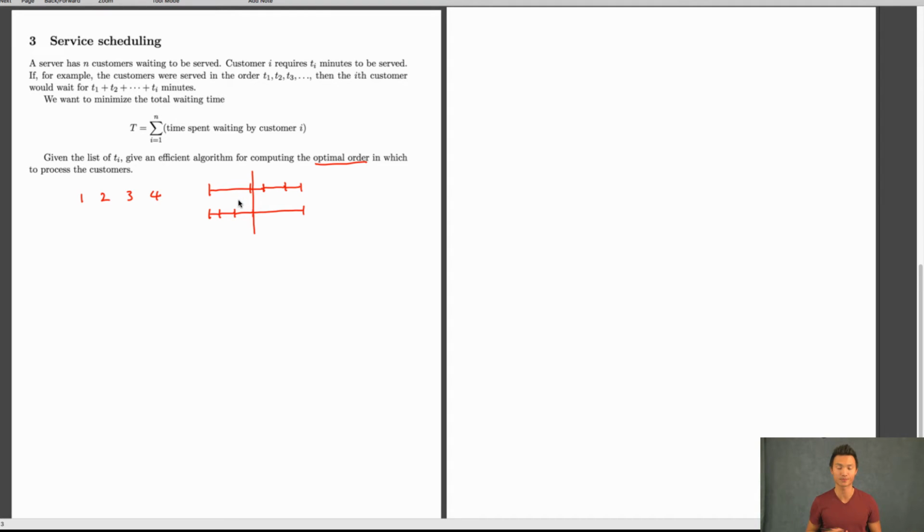And that's more efficient. So we want to just do increasing order by T of I. That's going to be the efficient solution that gives us the optimal ordering and minimizes my cost.